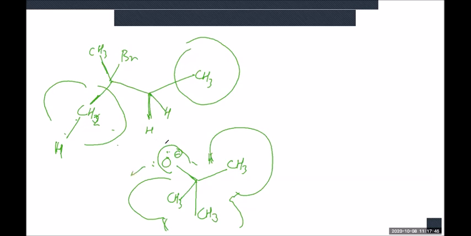So instead of going this way, the attack happens at the more accessible methyl carbon, taking a proton from the methyl carbon instead of from this carbon. So that's basically why the Hofmann elimination produces the other product.